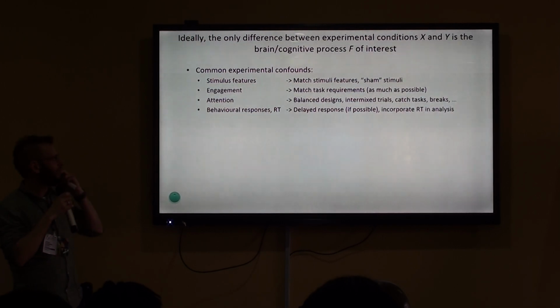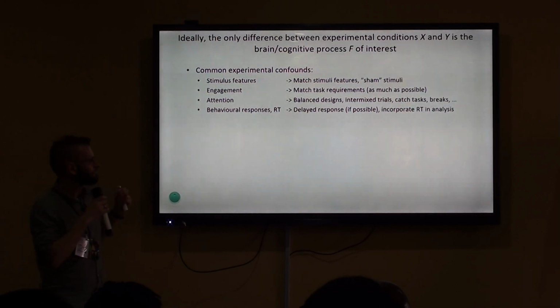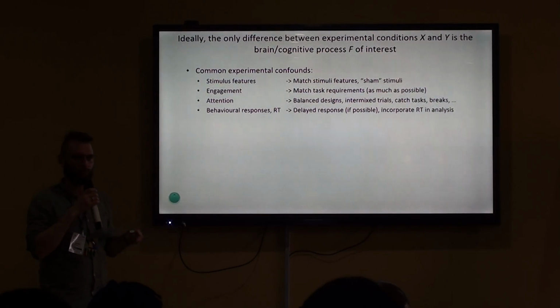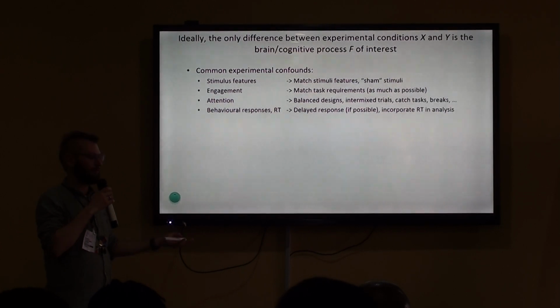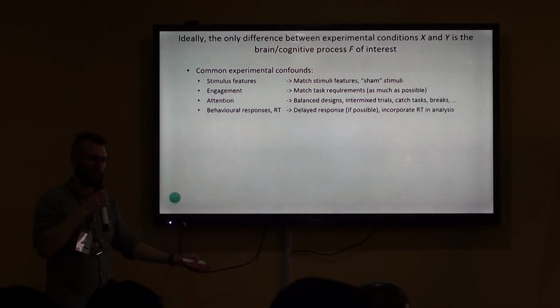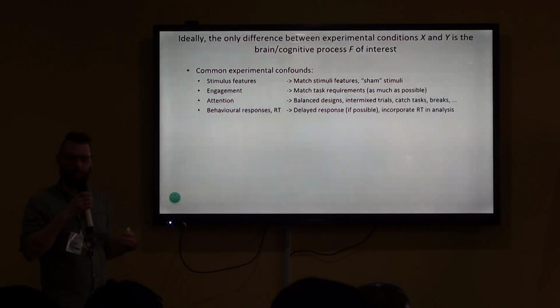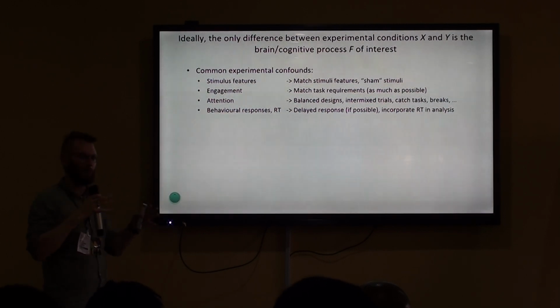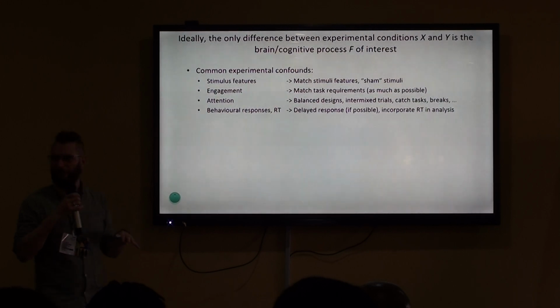Another thing is actually behavioral responses. So if you, for example, take a task where people have to respond fast, well, if we are comparing young adults with elderly participants who tend to be slower, the reaction time here might actually go in and influence how the brain responses are as well.